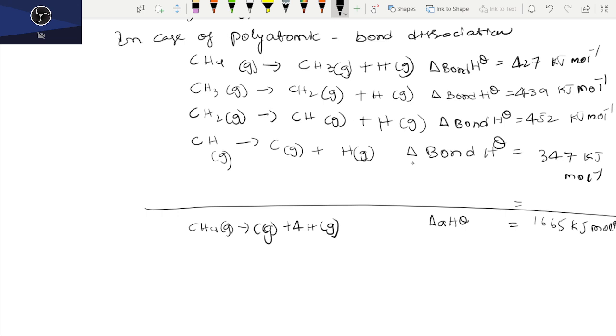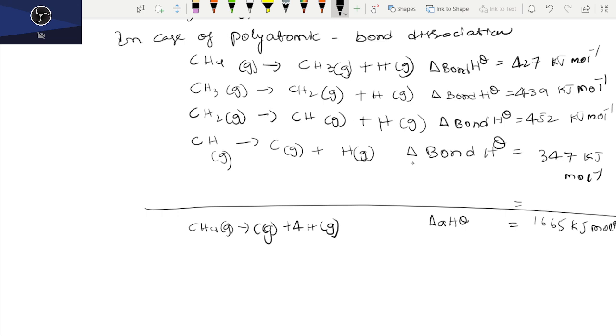So delta C-H power naught is equal to 1 by 4 delta aH power naught, that is equal to 1665 by 4, equal to 416 kilojoules mole inverse.